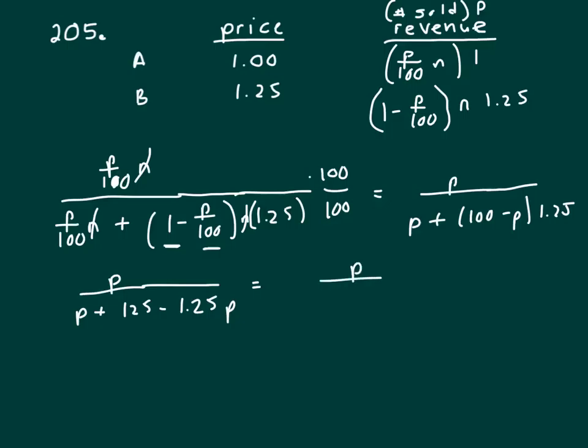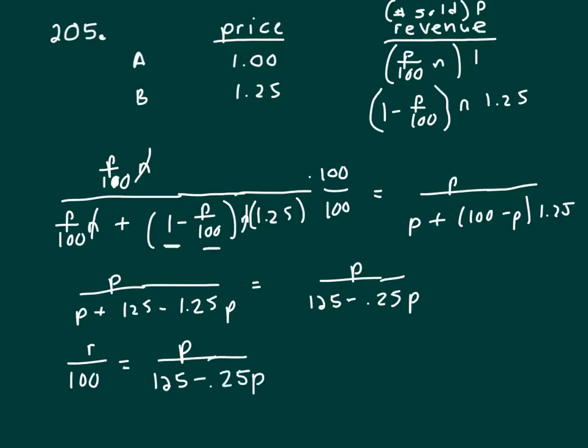That's P over 125, and it's 1 minus 1.25, or negative 0.25 P. So that represents what percent of the revenue came from A. And they tell us that R% of the total revenue was from A. So that means R over 100 would have to equal P over 125 minus 0.25 P.